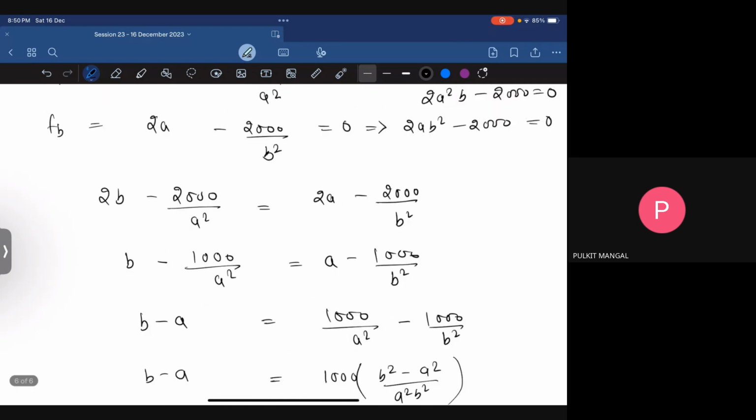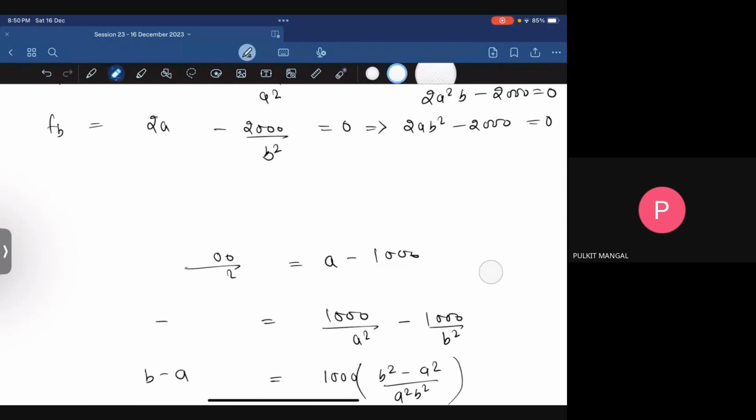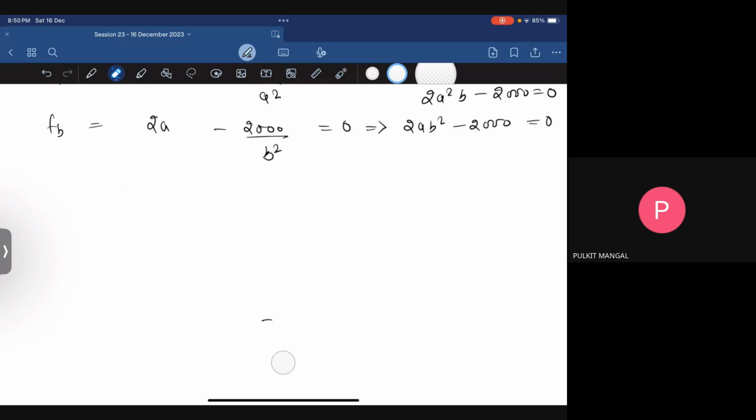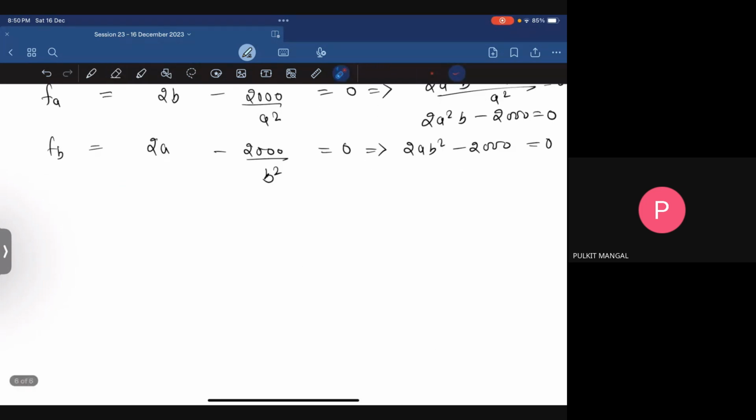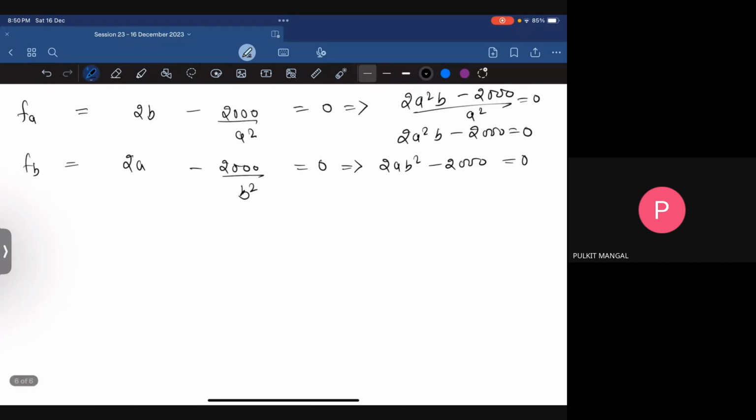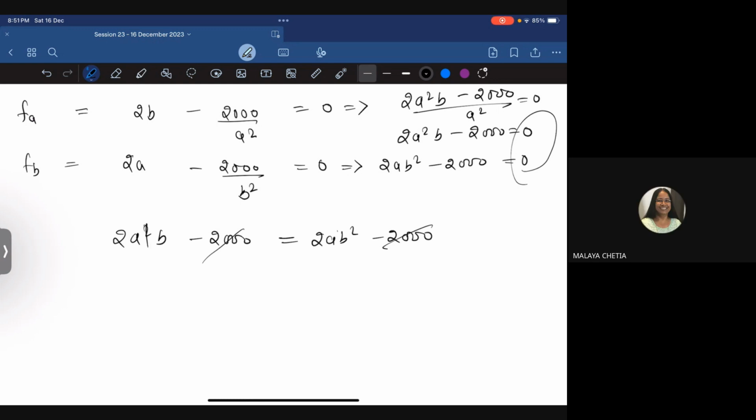I guess now we can equate them. Let's take their RHS as the same: 1000 equal to 2ab square minus 2000. Okay, this will cancel out, so we got 2a equal to 2b, that is a equal to b.